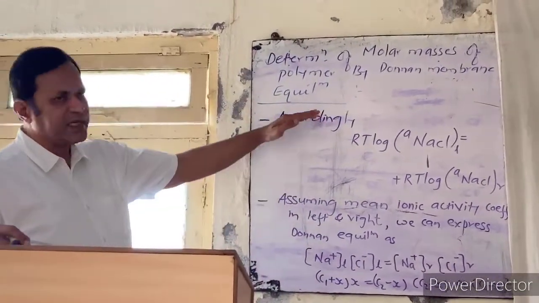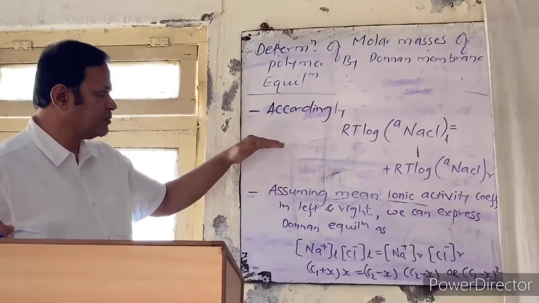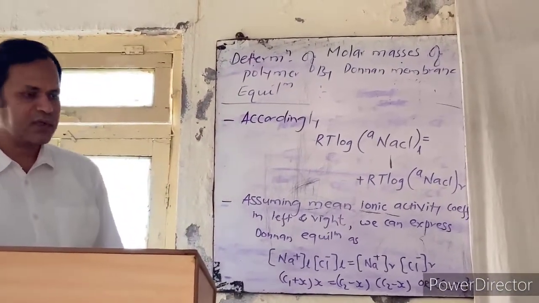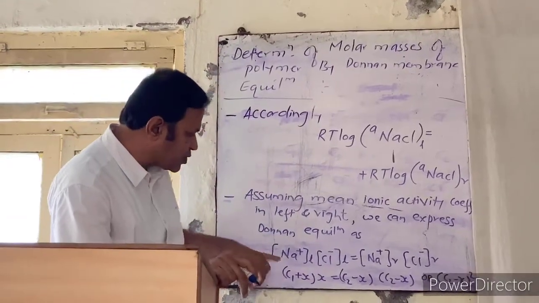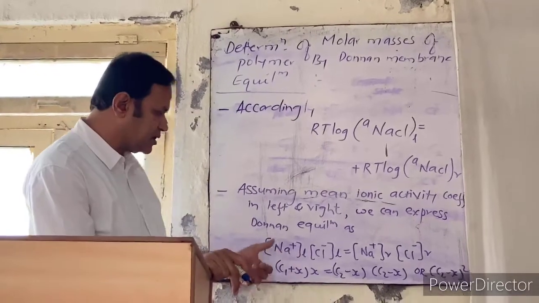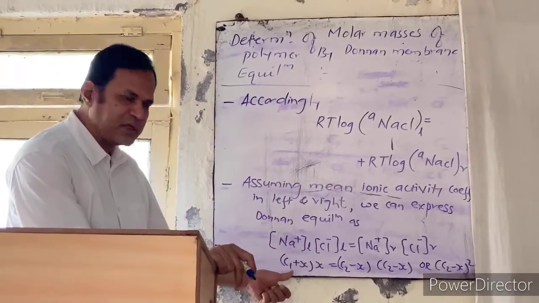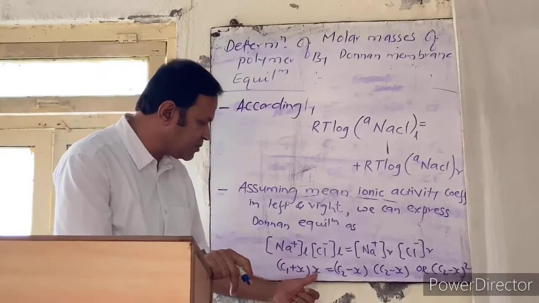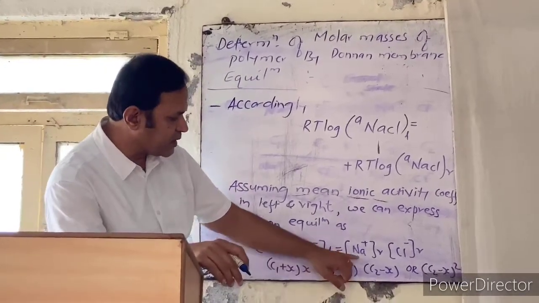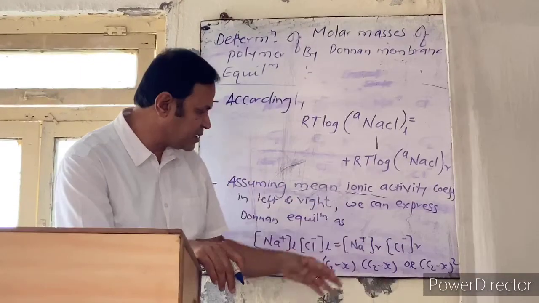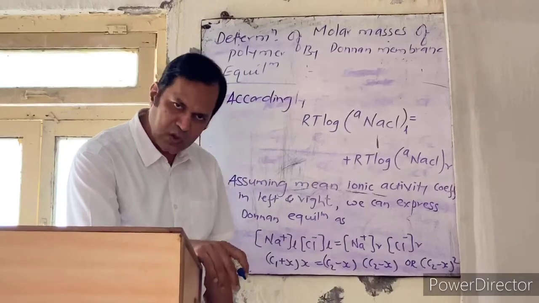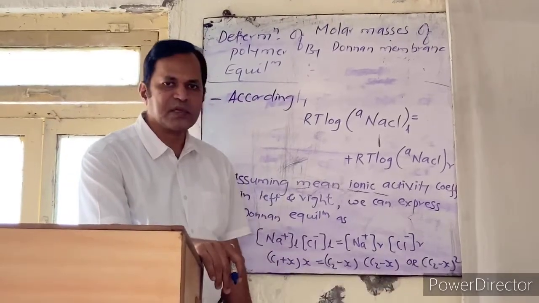From the diagram I have represented the ions and their concentrations. Substituting these values: on the left, Na+ is C1 plus X and Cl- is X; on the right, Na+ and Cl- are both C2 minus X, so the product is (C2 minus X) squared.